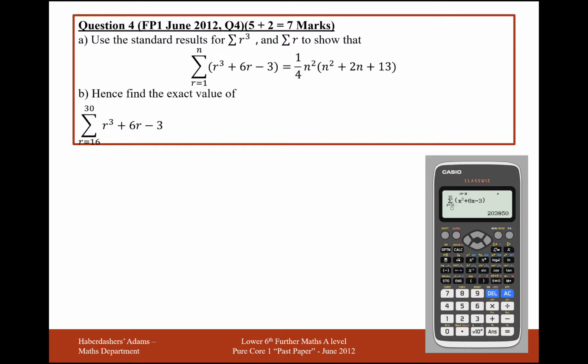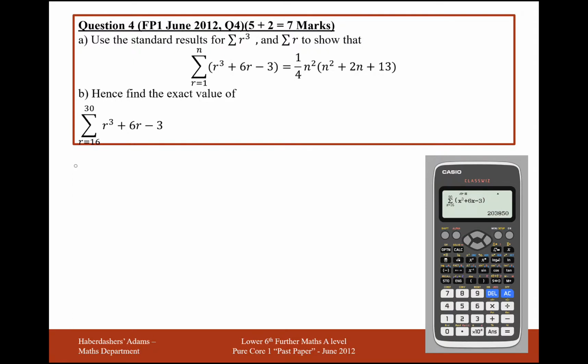And all you need to do here is move the up and down buttons to hit the right places, hit a 16 and a 30, and then unfortunately you can't use r in your expression here. You just have to use x, which is fine. Use the x button that you've already hit the top right. x cubed plus 6x minus 3 equals that. So that's how we're going to check our answer.